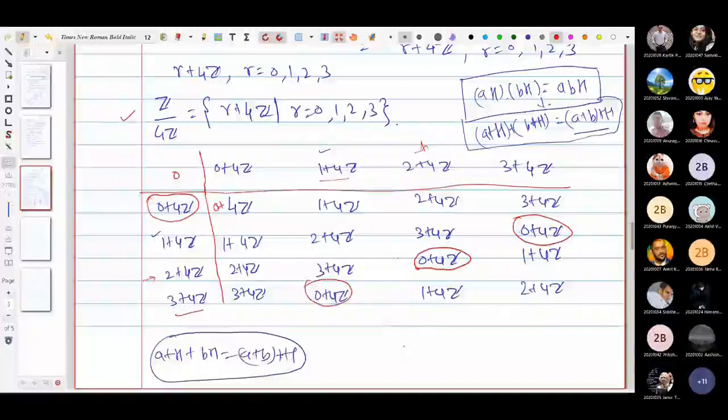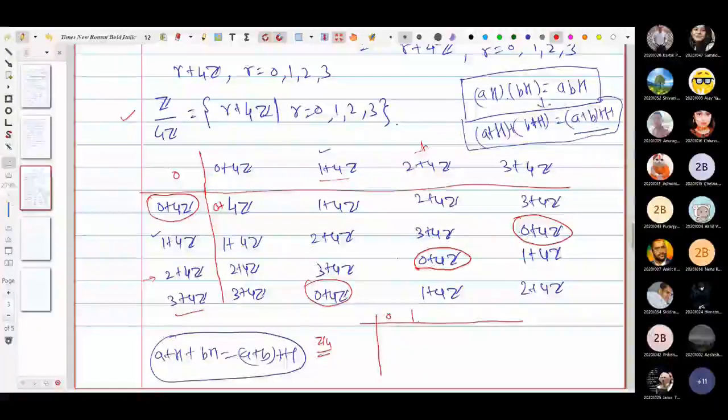So don't you see that this table is somewhat similar to the table when we are constructing the table for Z4, the group of residues or group of integers under addition modulo 4.